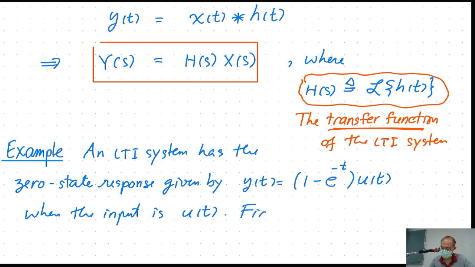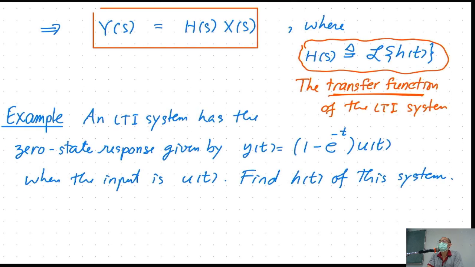Now, the question is, we want to find the impulse response. The question tells us that when the unit step signal is applied to a certain LTI system, that system gives the output 1 minus e to the negative t times u(t).